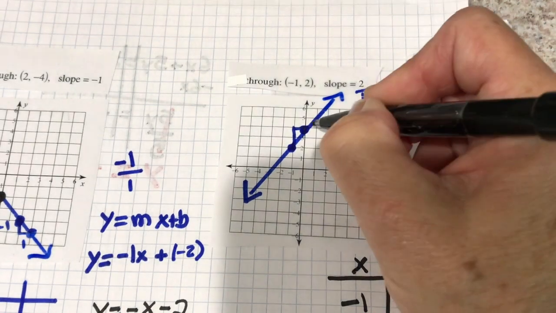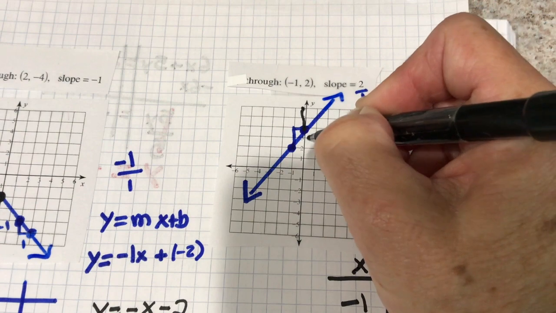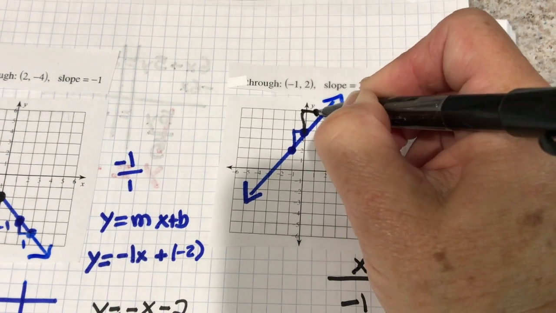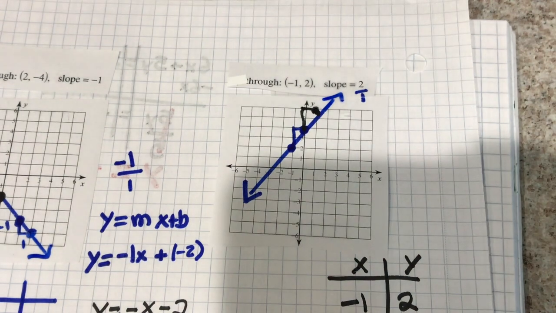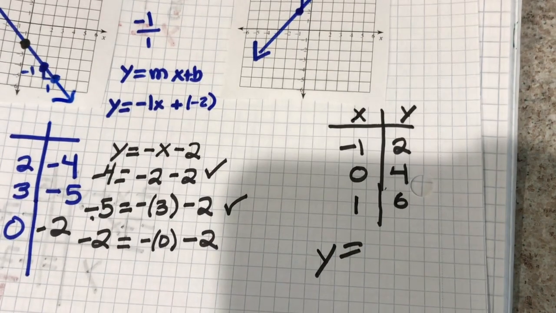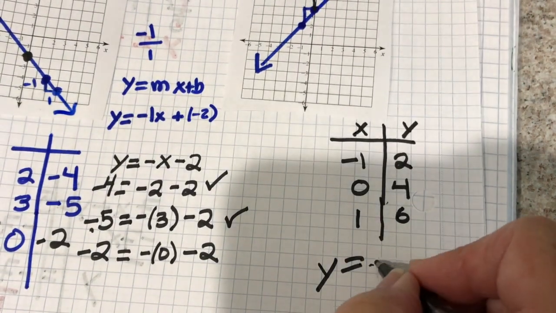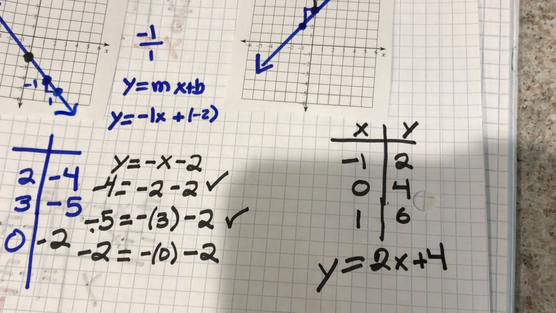And what if we went up again, up 2 over 1? I think I'm a little bit crooked. That would be positive 6. And our equation is y equals 2x plus 4.